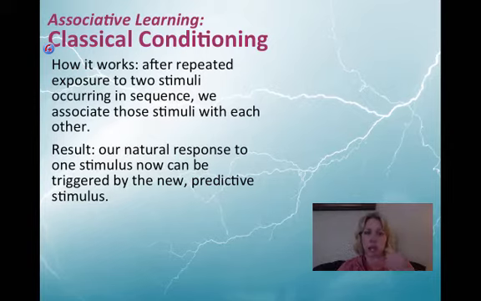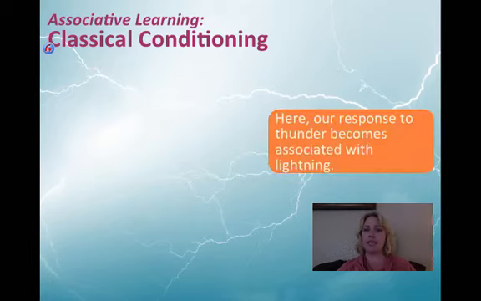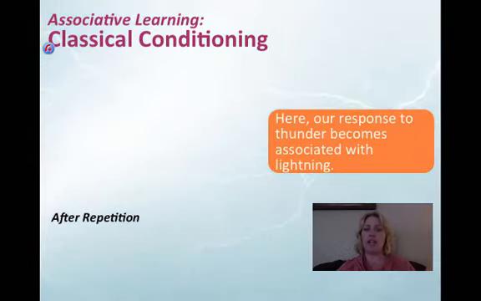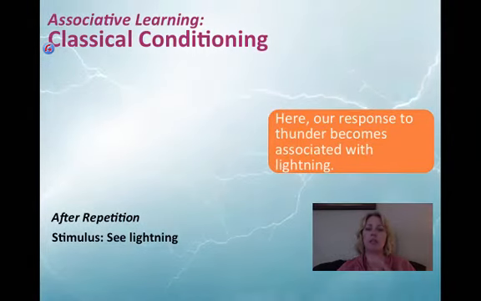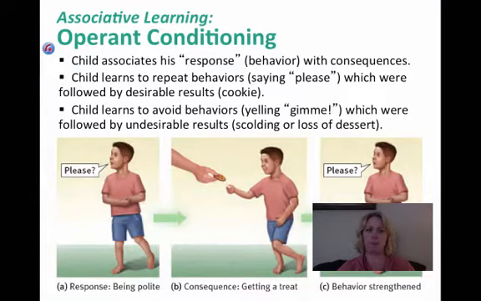Like we saw in the video clips in class, when you pair something that has no response with something that has a response, you start to condition that initial non-responsive thing to elicit the response. For instance, stimulus 1 might be seeing lightning, stimulus 2 might be hearing thunder. Our response to thunder becomes associated with lightning, and after repetition, just seeing lightning is enough to have us cover our ears to avoid the sound that we know is coming.